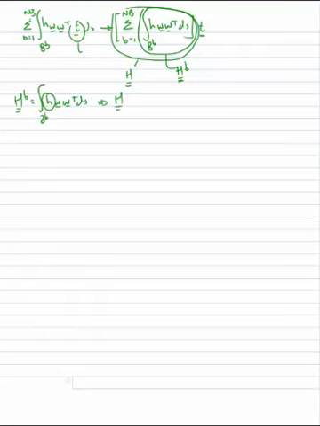So h boundary is the heat transfer coefficient along that boundary times the integral of W times W transpose ds.